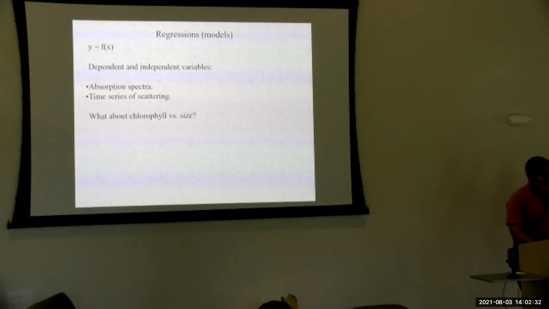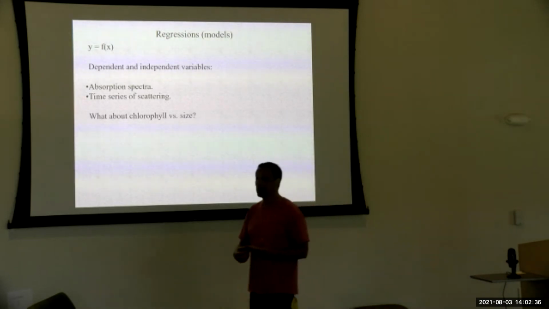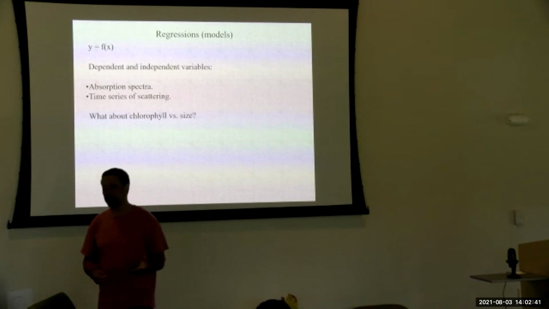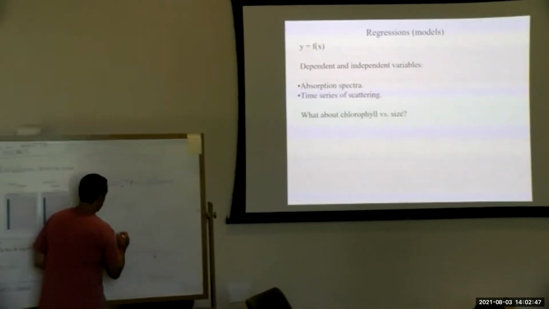So regression models. Typically, in a regression model, we think about a dependent and an independent variable. The dependent is what you put on the y-axis, and the independent one is the one you put on the x.